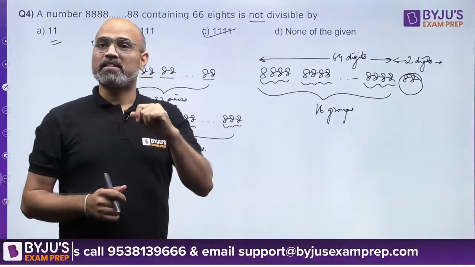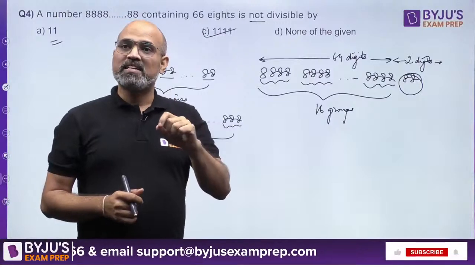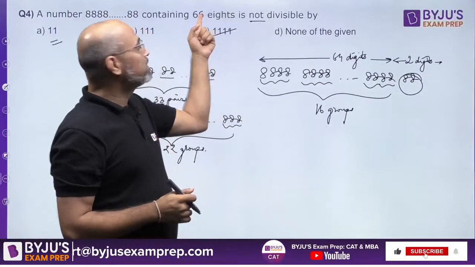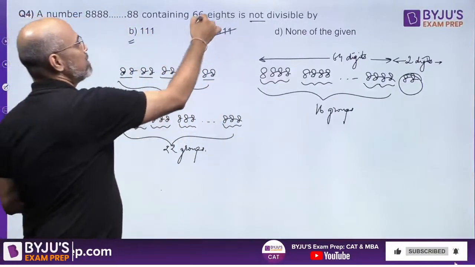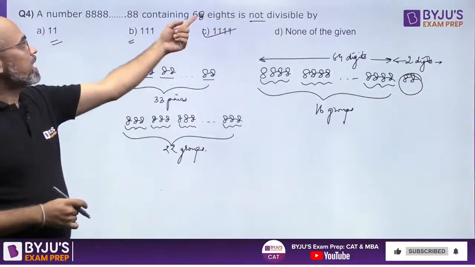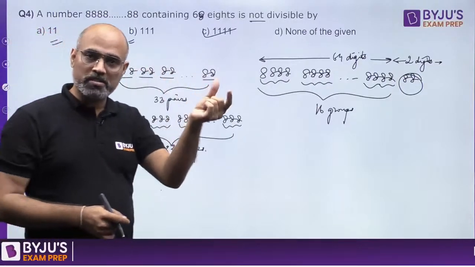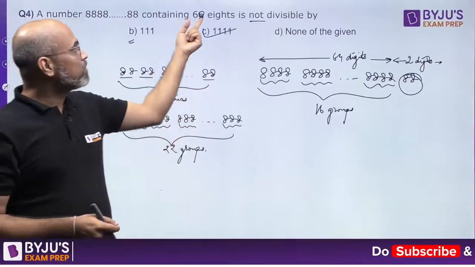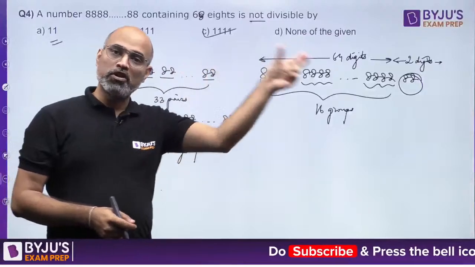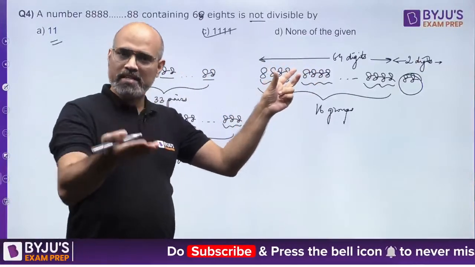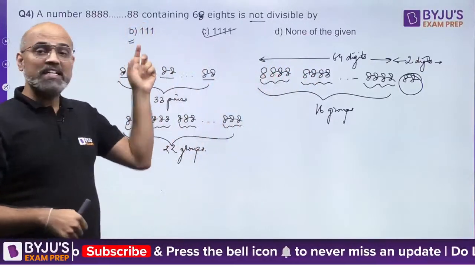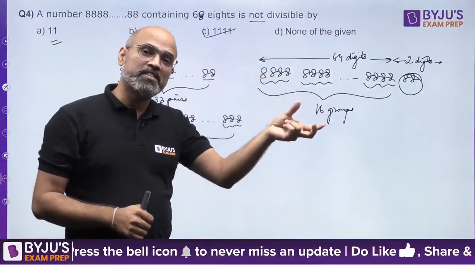Now the question arises, Tompin says if it was 68 times, if it would have been 68 times, can you divide 68 into groups of 2 digits? Yes. Can you divide 68 into groups of 4 digits? Yes. 68 is in the table of 4. Can you divide 68 into groups of 3 digits?